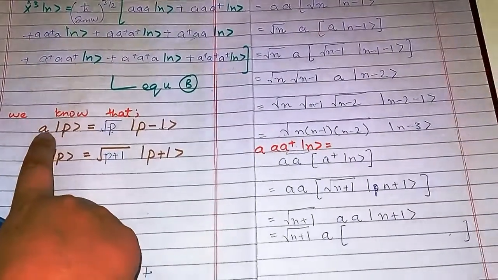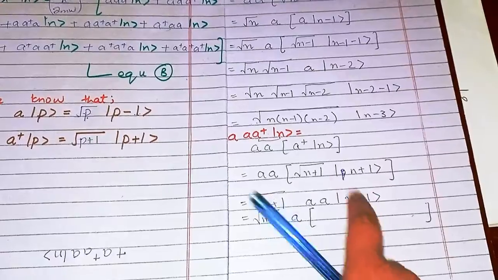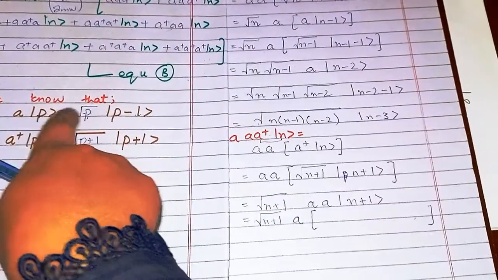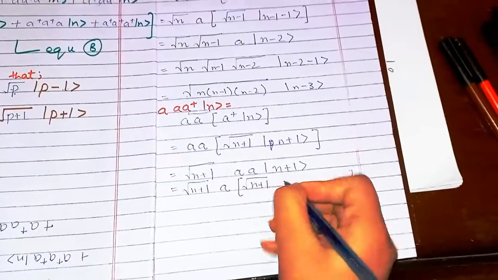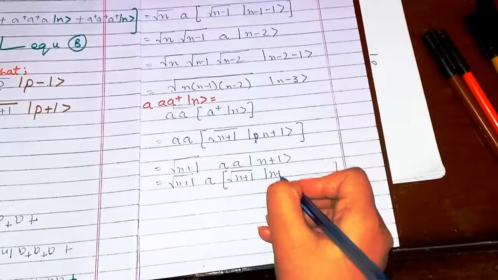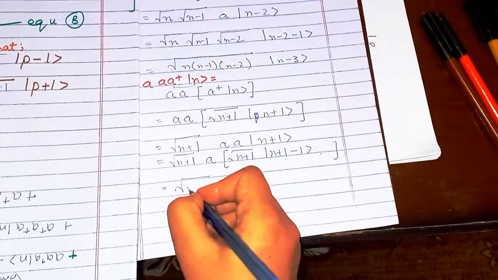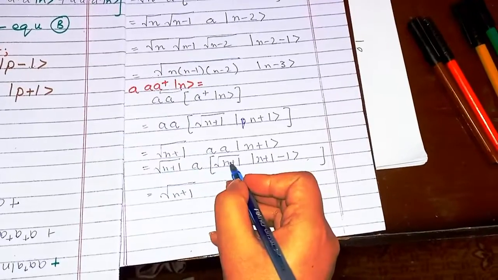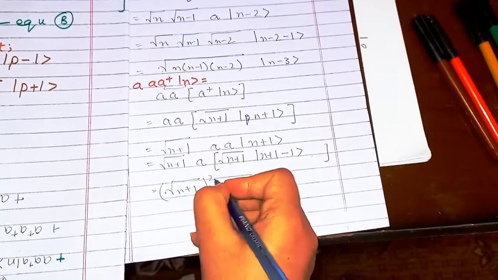Instead of p we have n plus 1 here in the ket, so wherever there is p you'll write n plus 1. So it's square root of n plus 1 and n plus 1 minus 1, where n plus 1 is p and minus 1 was already there. This is also a constant, and you can see both of these are the same, so we can write the whole square of it.